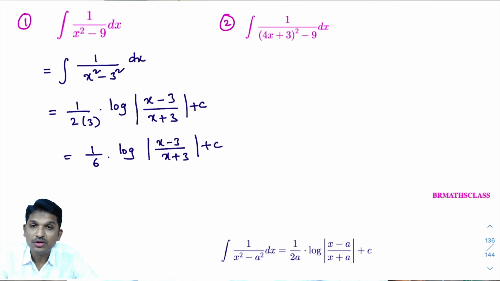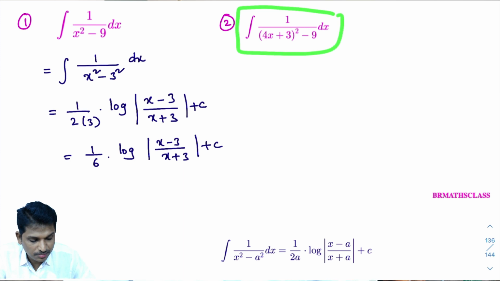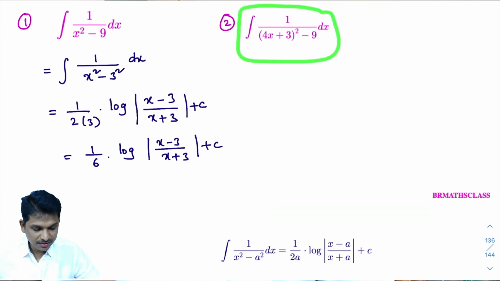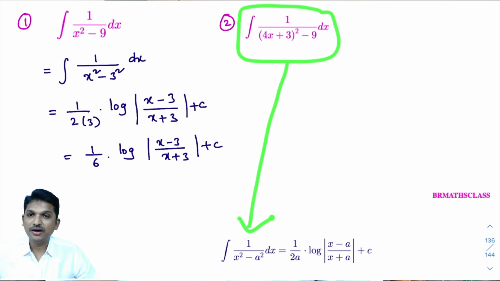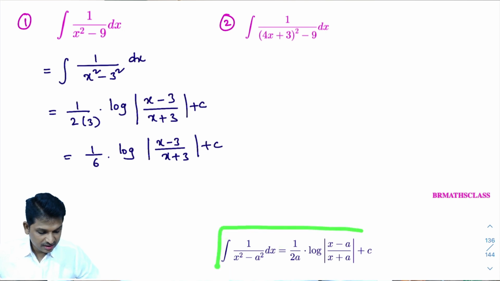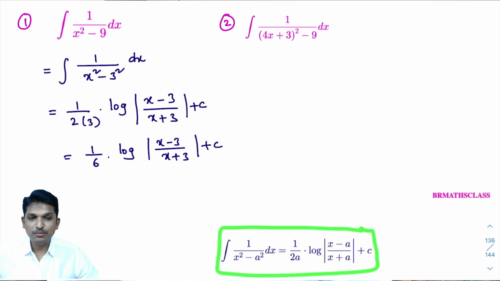Okay. Now, an important thing. How to do this problem by using this formula? First point: whatever formulas you learned in model number 2, this is model number 5 we are doing.